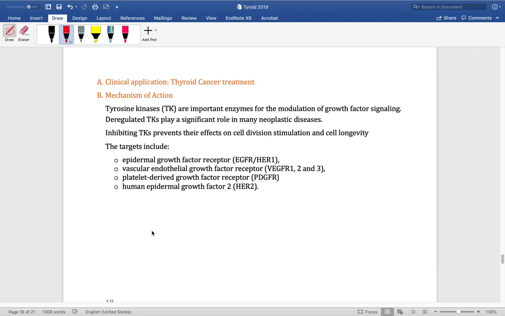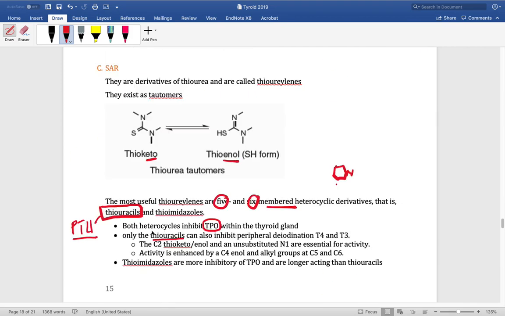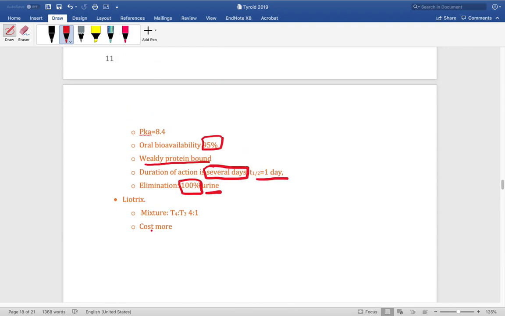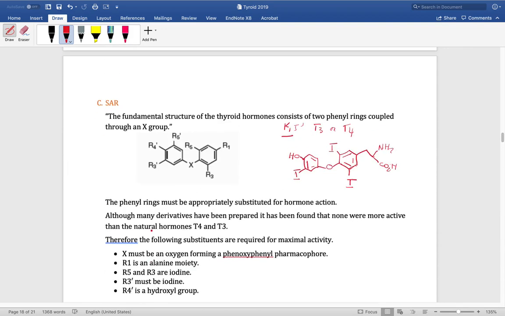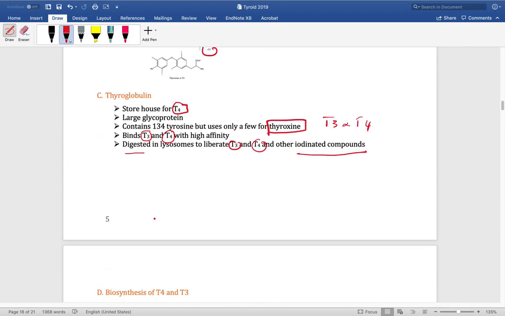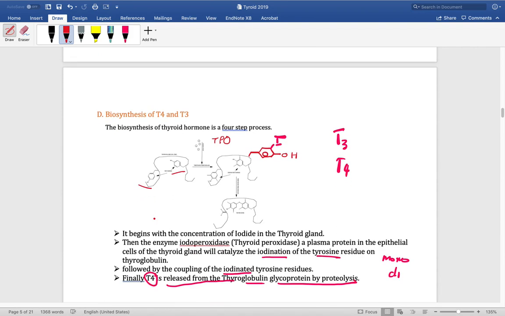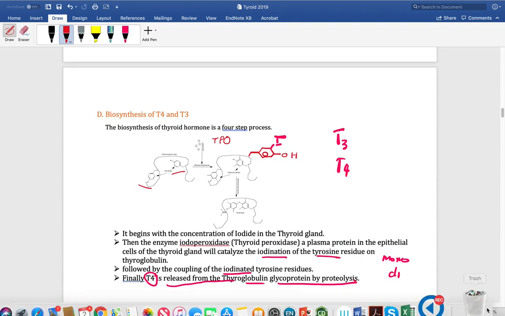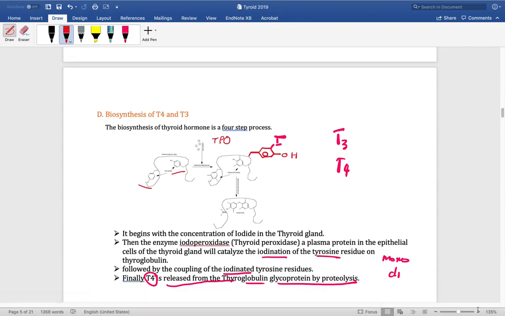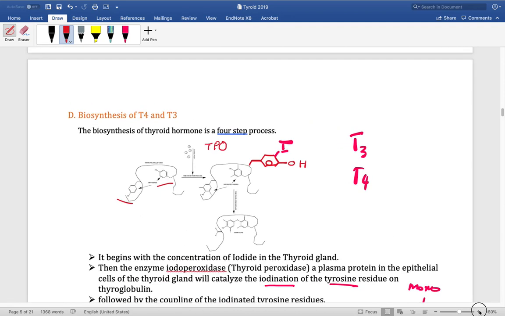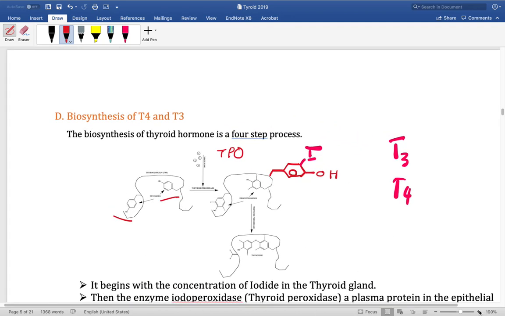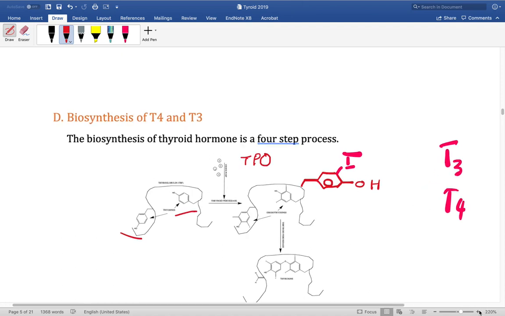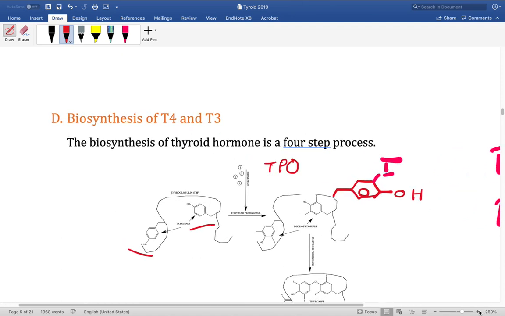Now, just as a general note, there is an additional class of drugs that I will not quiz you on, but I want you to be aware of. Part of the reason why thyroid peroxidase can work is that you have an iodine pump here that's pumping iodine into the thyroid gland.